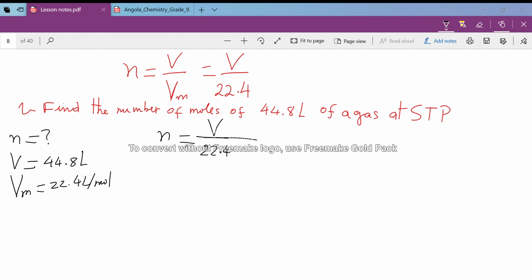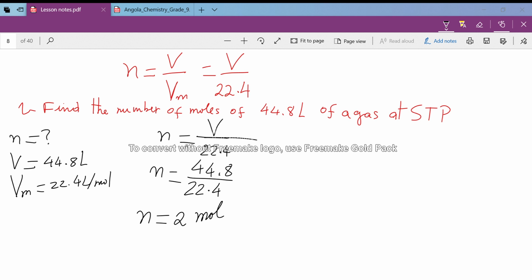The number of moles will be the volume, 44.8, divided by 22.4. If you put it in the calculator, it will give us 2 moles.